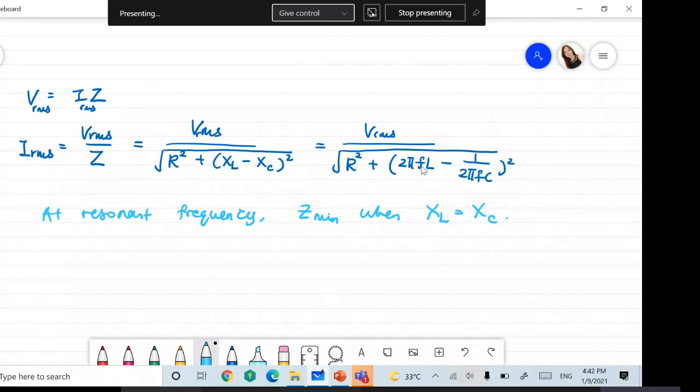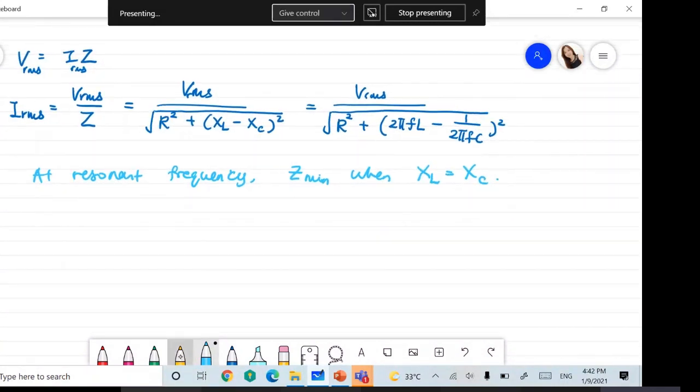But the capacitive reactance and inductive reactance depend on the frequency. So to get Z minimum, this one must be 0. How can I get this 0? When the capacitive reactance is the same as the inductive reactance, right? So in other words, at the resonant frequency F0, XL minus XC is equal to 0.